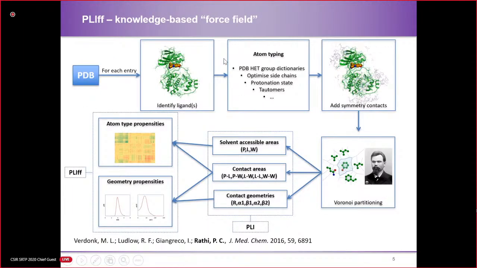In a one-slide view of how the PLIT scoring function works, we take all the PDB entries with protein ligand complexes. Here's one example where there's a protein, and the ligand is displayed in the colorful sphere style. You have one example here, but you have about 80,000 plus such complexes in the PDB.